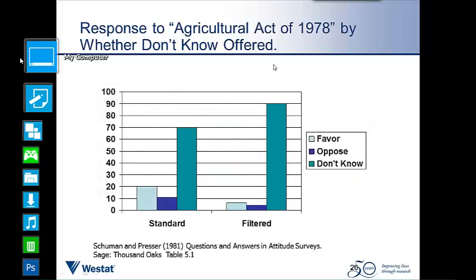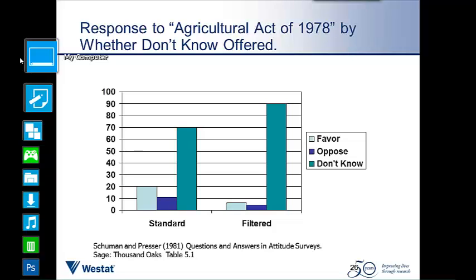So here's an experiment that was done where respondents were asked about an actual bill, the Agricultural Act of 1978, but one that very few people actually knew about. And so what they found was when they did not offer the explicit don't know option, they just asked people, do you favor or oppose the Agricultural Act of 1978?